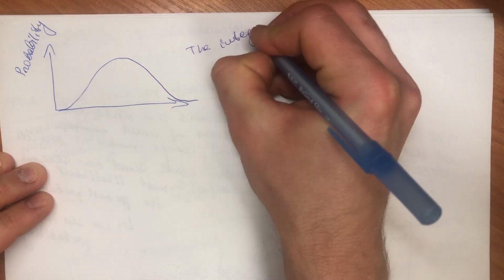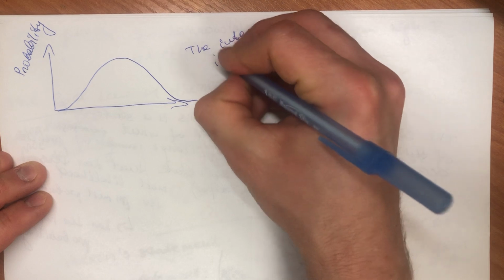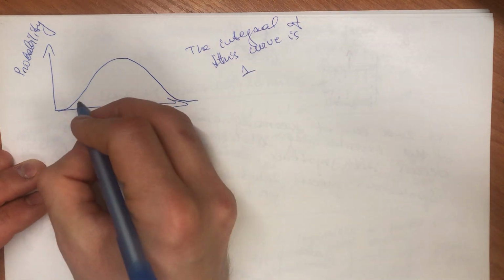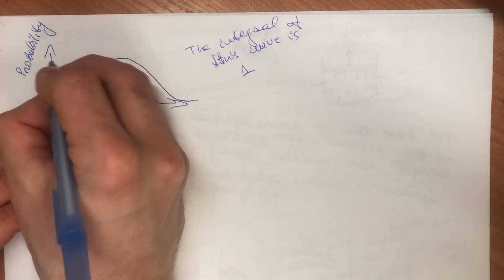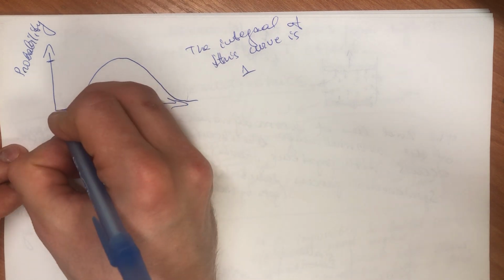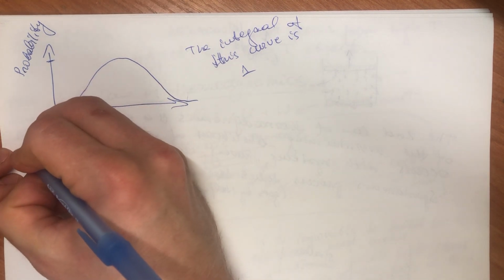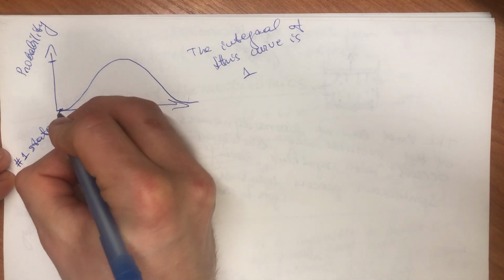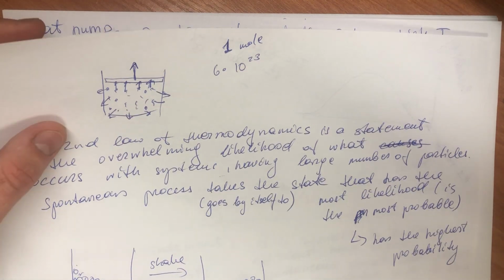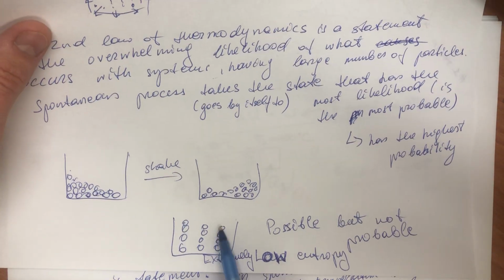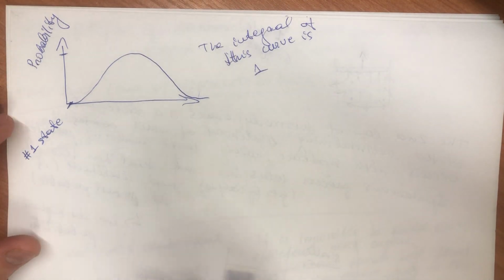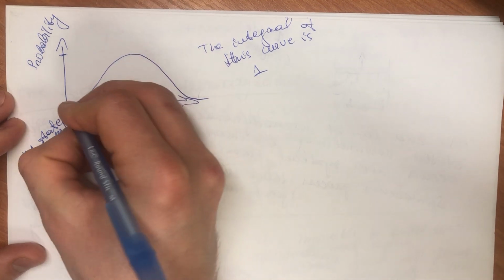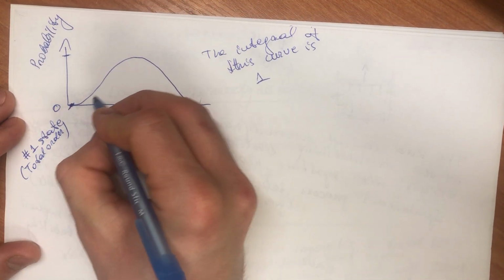The integral of this curve is 1, which means the sum of all these probabilities is 1. So state number one would never occur. It is associated with ping pong balls having this arrangement with total order. So probability is practically 0 here.